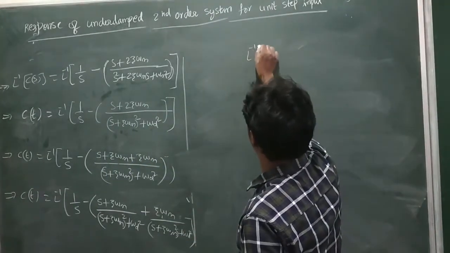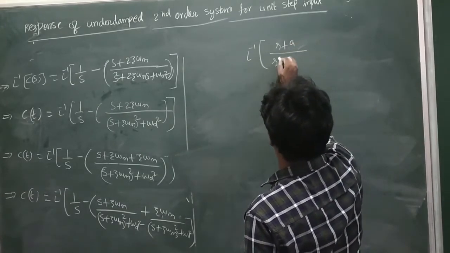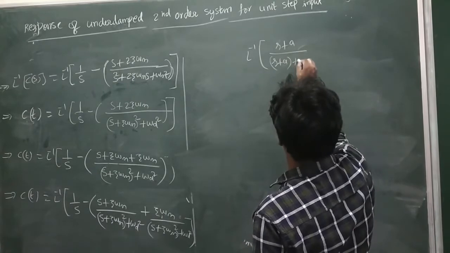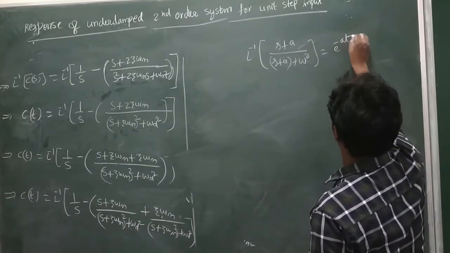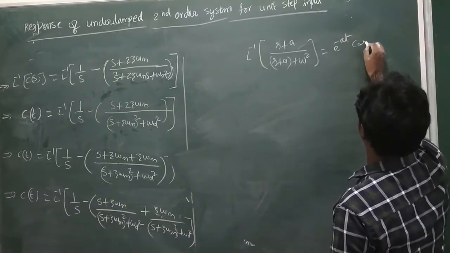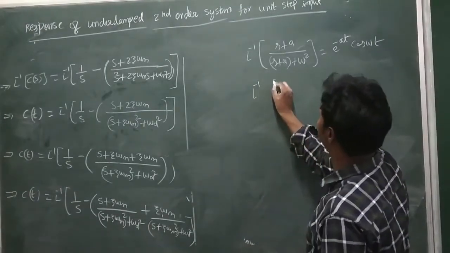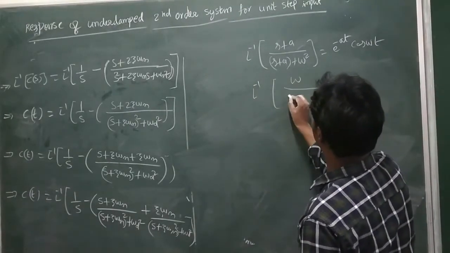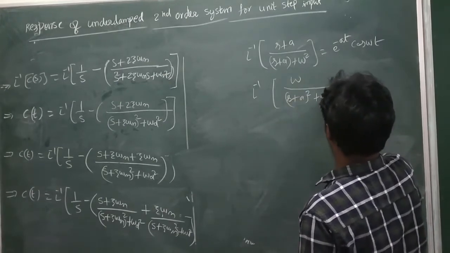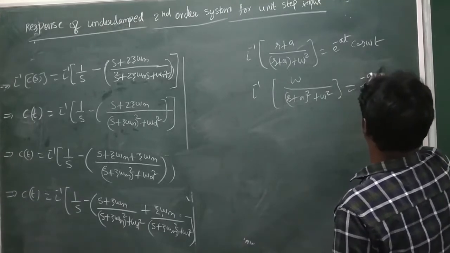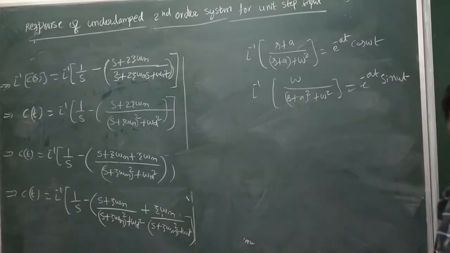L inverse of (s plus a) by (s plus a) square plus omega square is equal to e raised to minus at cos omega t. Another formula: L inverse of omega by (s plus a) whole square plus omega square is equal to e raised to minus at sin omega t. So these two formulas apply.